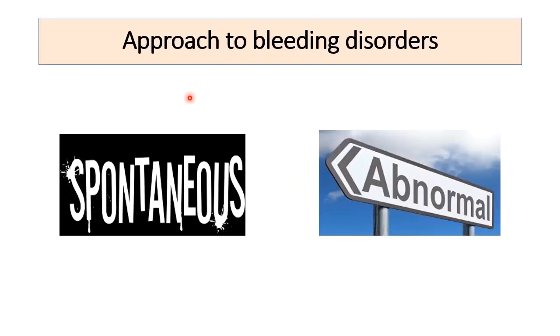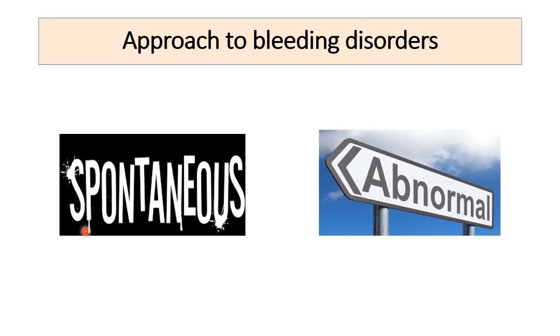So the first thing is to determine that this patient has a bleeding disorder. The patient should have a spontaneous bleed and an abnormal bleed. Now my neighbor's child often complains of nose bleeding. On further probing history, she picks her nose. So that is traumatic bleeding, not spontaneous bleeding, so you cannot call that a bleeding disorder.